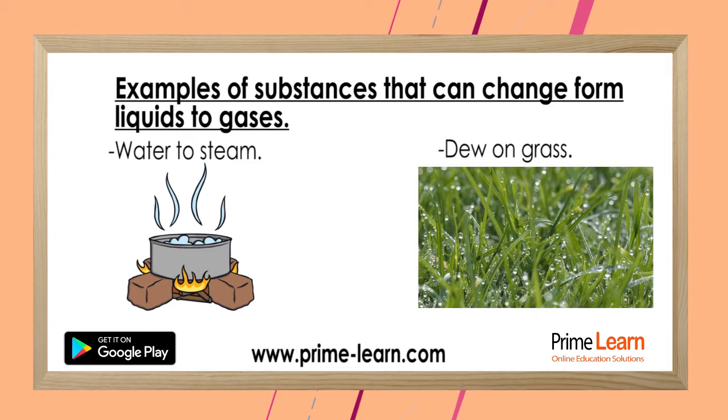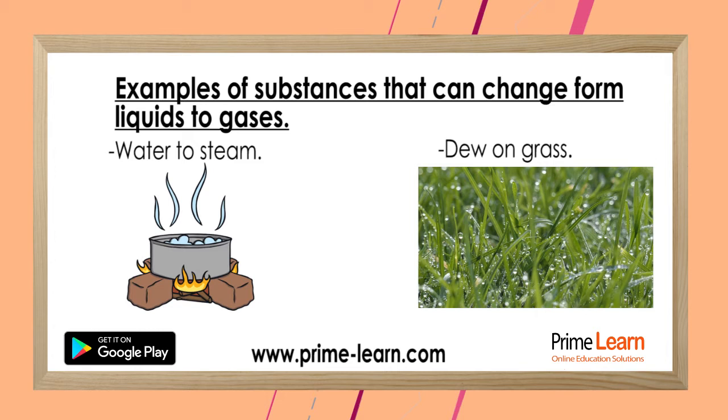So when you get your water and put it in a kettle and set it on fire, for example, after some period of time, you will see that this water will start producing steam or vapor. That is what we call evaporation. It is this water that has been boiled and it is changing to steam or vapor, and that process is called evaporation.